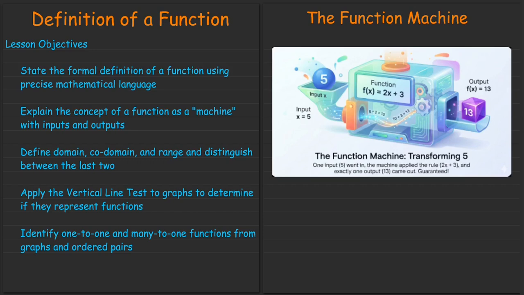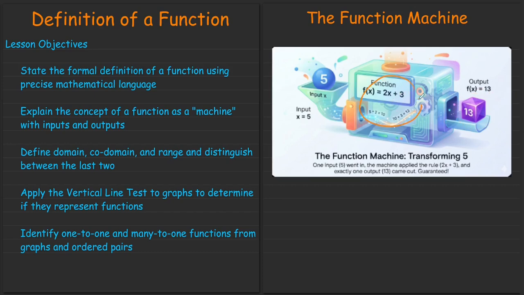So let's start by looking at what we call the function machine. You can think of a function as a machine that we put an input in. In this case, we are putting 5 inside this machine, and 5 moves through this path. It is processed in here, and then there is an output.